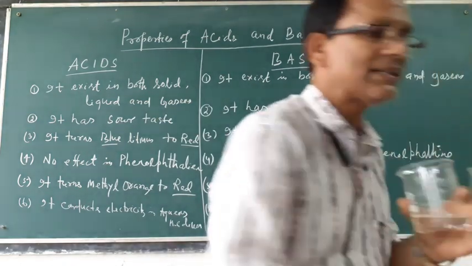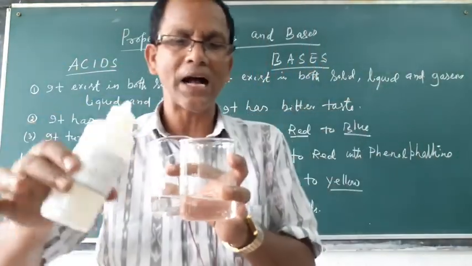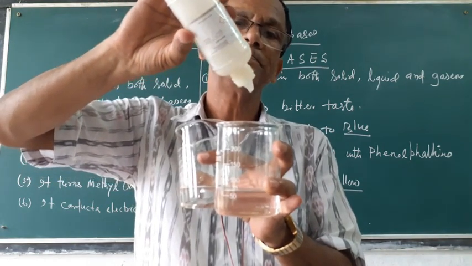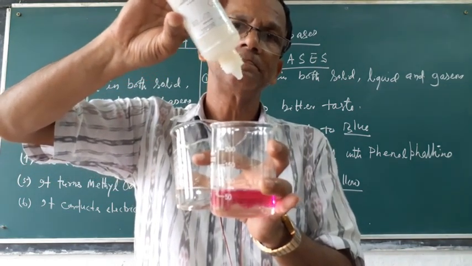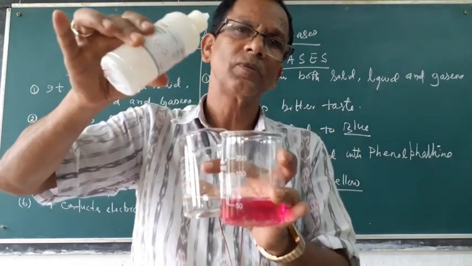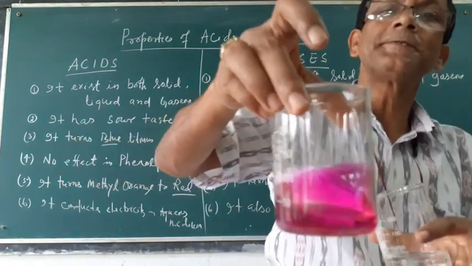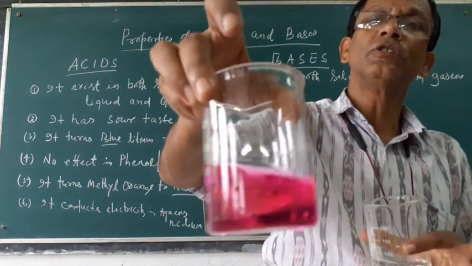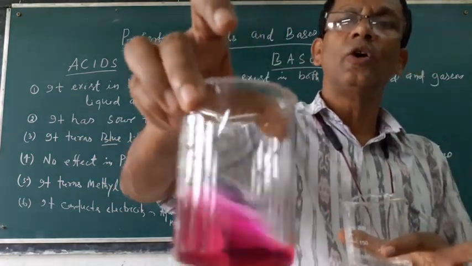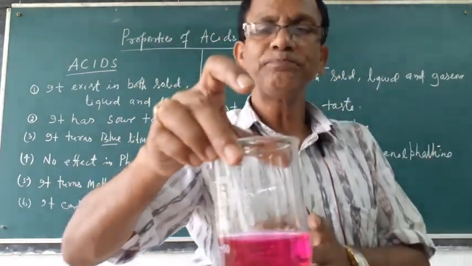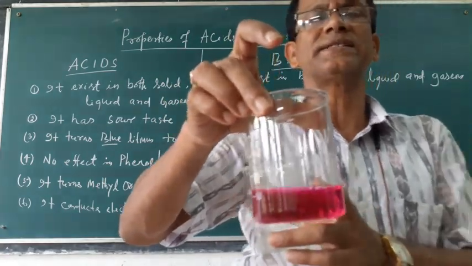Then when you add the same phenolphthalein to another beaker, you see what happens? The solution color changes to pink or red. That means phenolphthalein gives pink color in base.